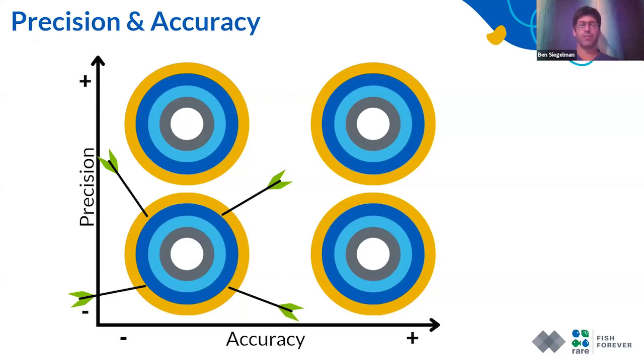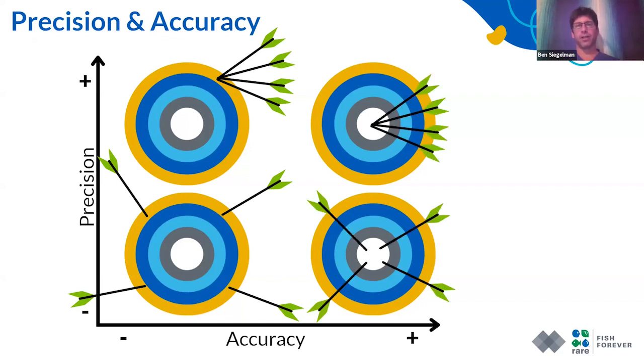And we do not want that for our survey. It gets a little bit better if you have high precision, but that can still be a problem. Because if you have high precision, all your arrows are in the same place, but that's still off target if you don't have accuracy. And so what we want is to combine precision and accuracy.